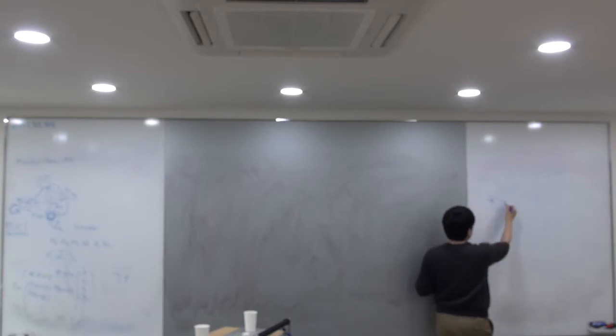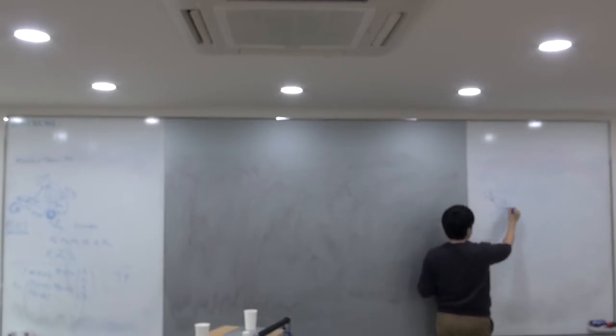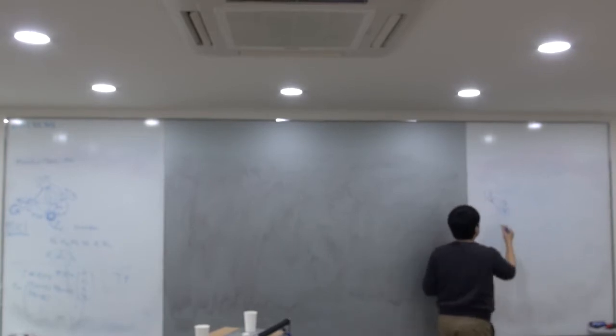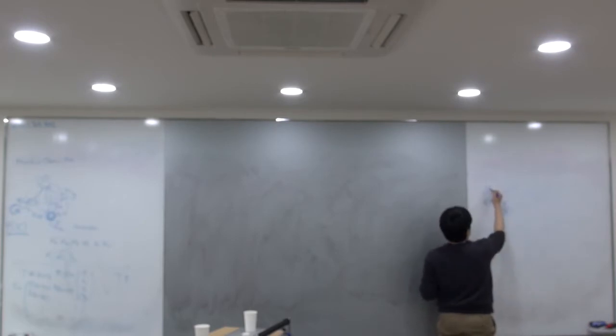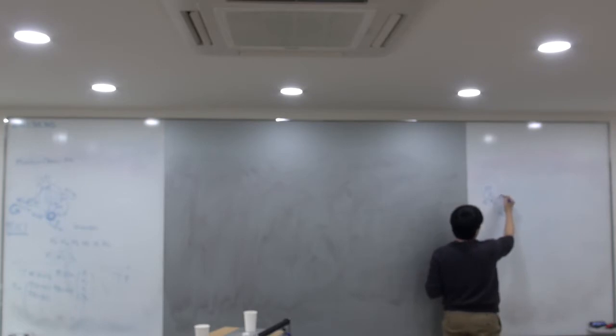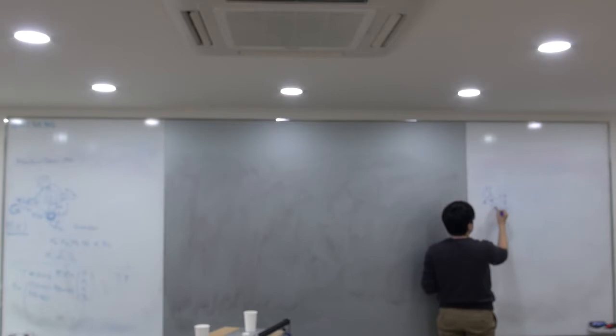Let me give you a very simple one to save some time. So this one is the x1 state, this one is the x2 state. Let's say this one is 0.3, this one has to be 0.7, and this one 0.5, 0.5.